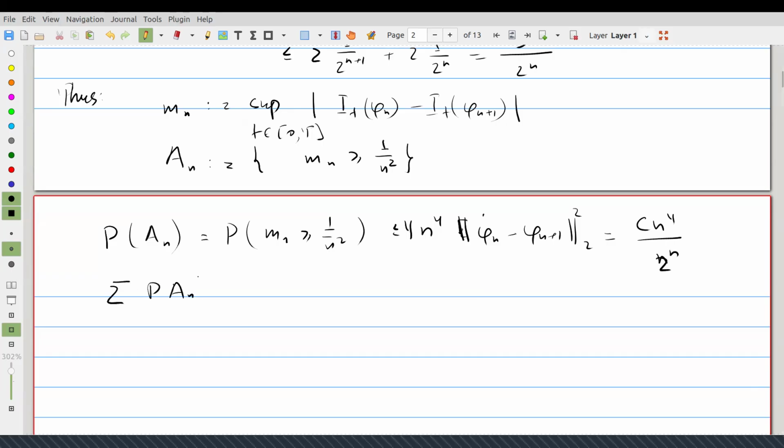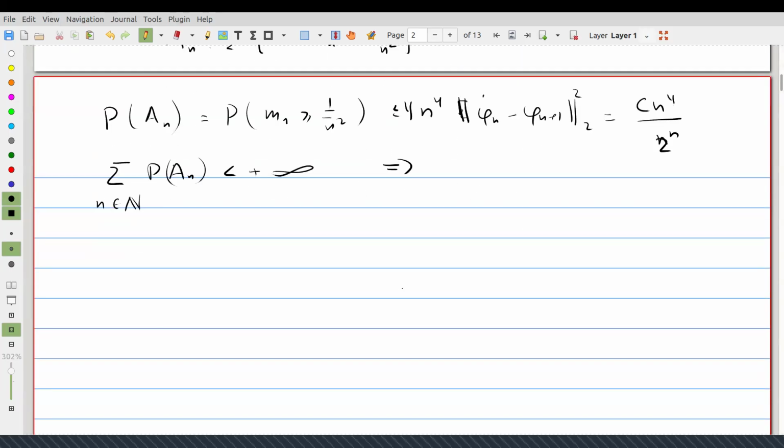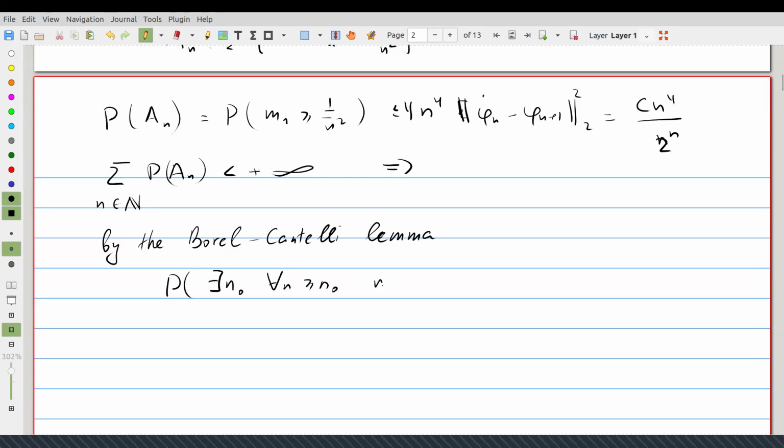So this series is converging, which means by the Borel-Cantelli lemma, there exists some number, so for all numbers greater than this number, M_n is less than 1 over n squared. The limit inferior holds with probability 1.